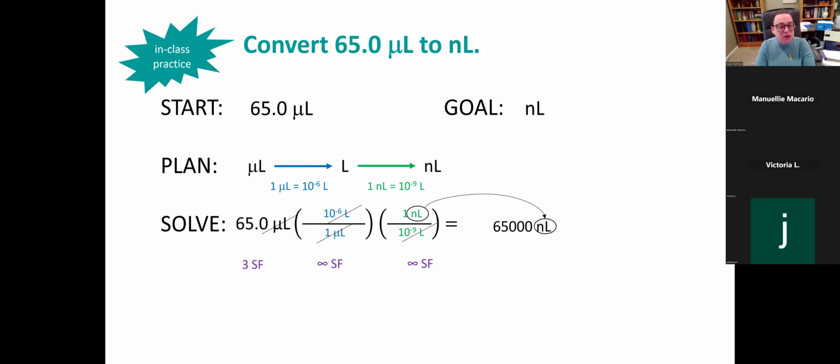So 3 significant figures for the value we start with, infinite significant figures for our 2 conversion factors that come from definitions. That makes them exact numbers, no uncertainty, infinite significant figures. How many significant figures should be in our answer? The smaller of all those values, so 3. So can we round that to 3 significant figures?